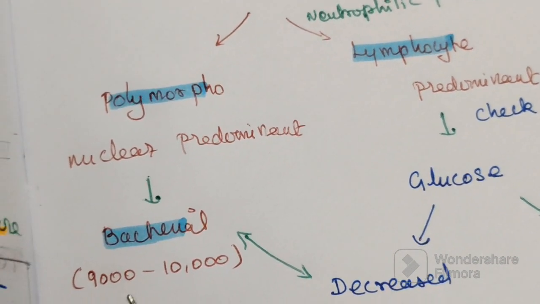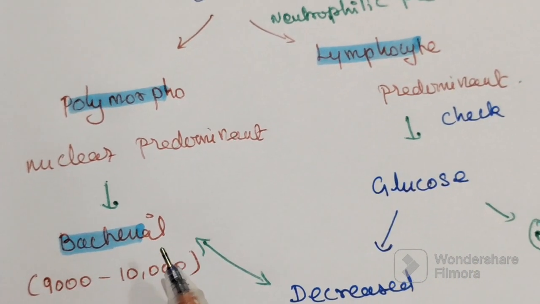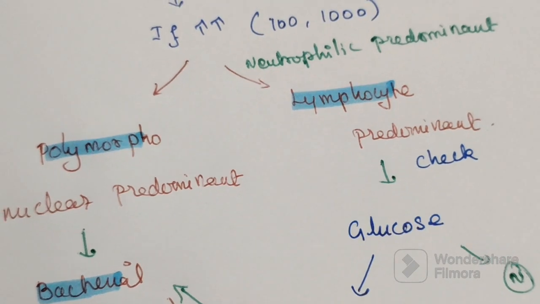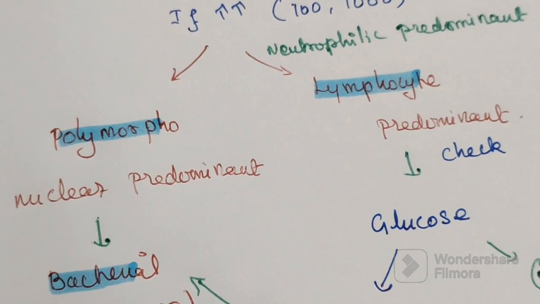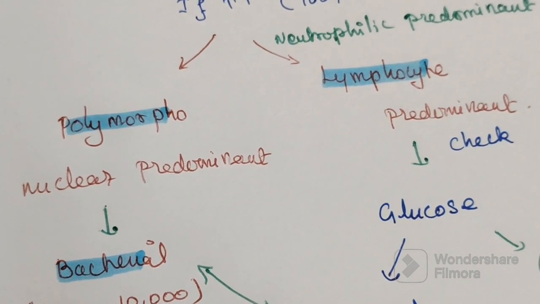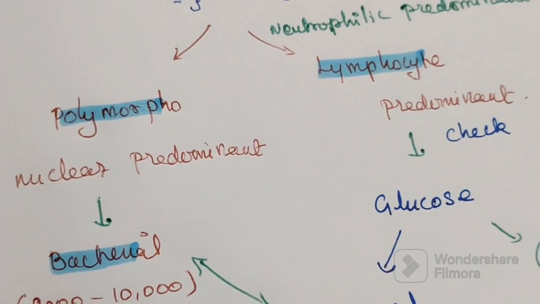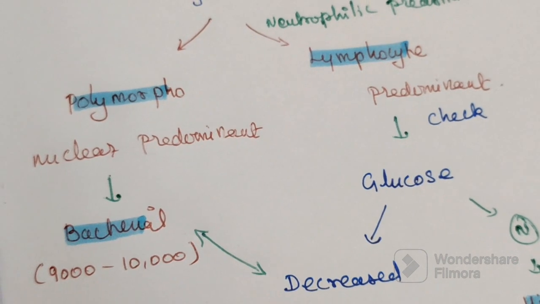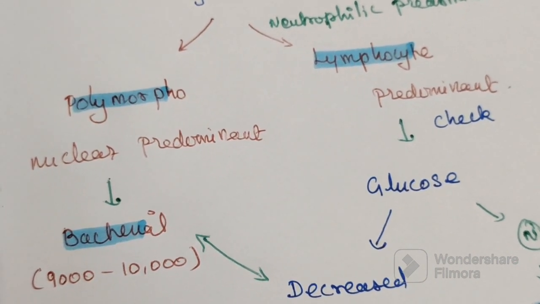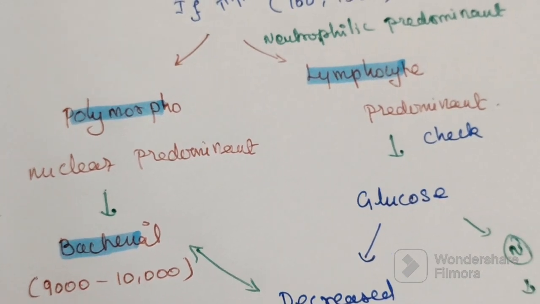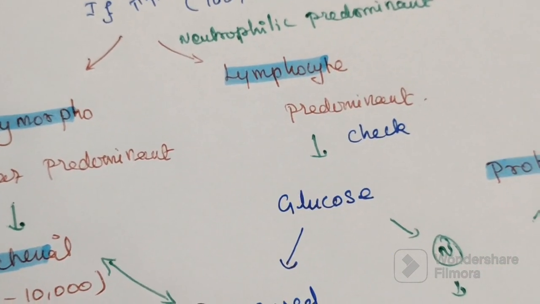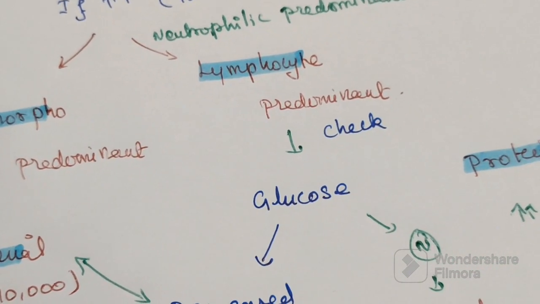If it is neutrophil predominant, as said earlier, it is bacterial, and the number can be very high, up to 9,000 or 10,000. If lymphocytes are predominant, check the glucose.